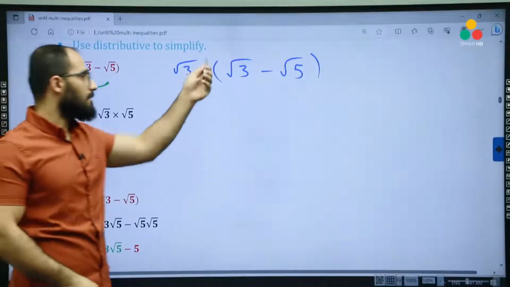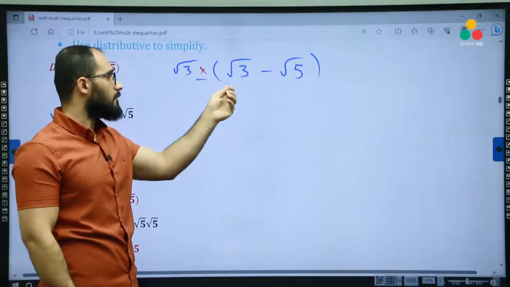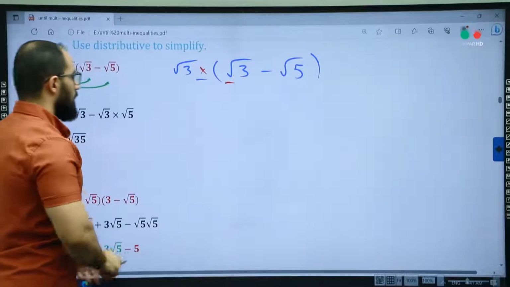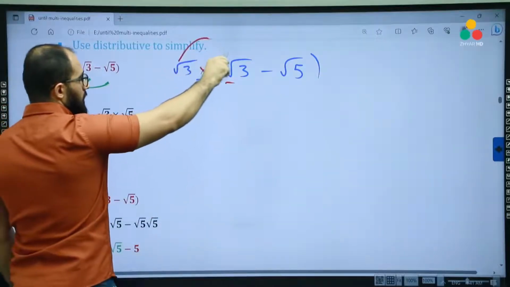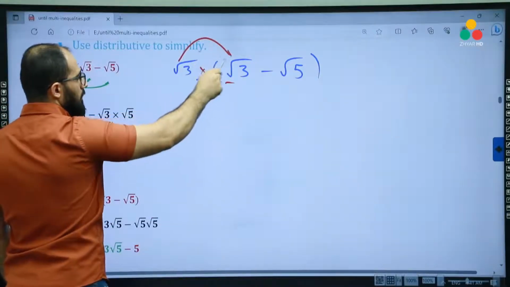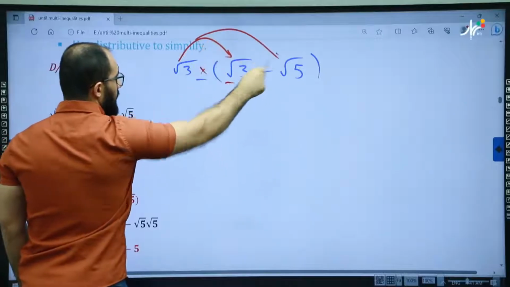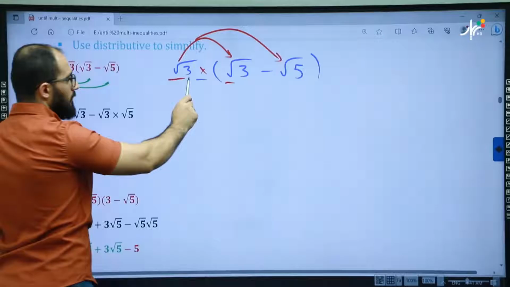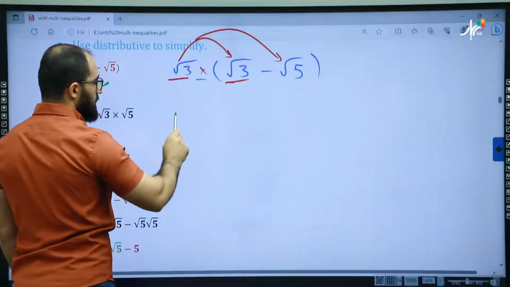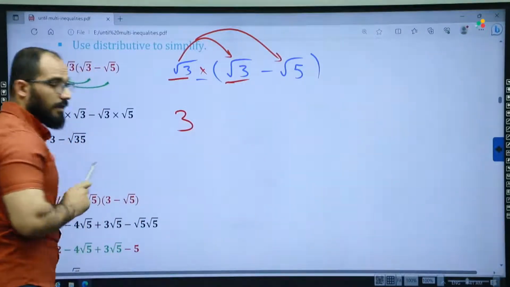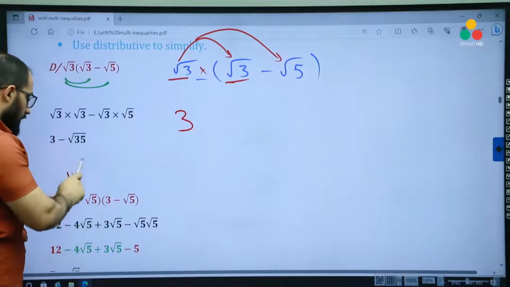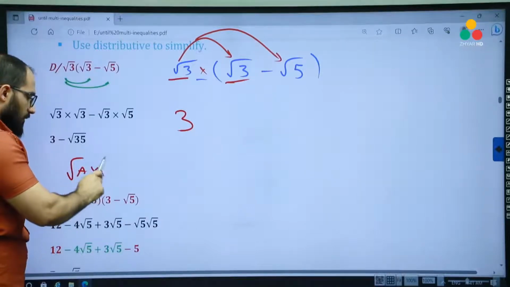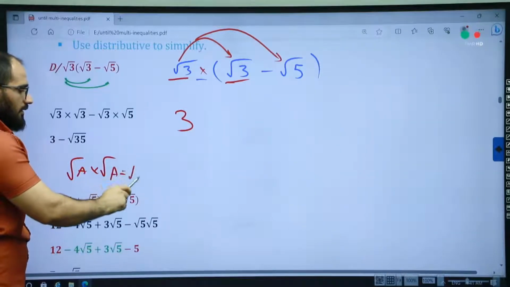Then inside the parenthesis, the bracket, we have two terms. Then we are going to multiply square root of 3 by the square root of 3 and multiply by the square root of 5. Square root of 3 times square root of 3 is going to be 3. Why? If you remember, square root of a times square root of a is equal to a.